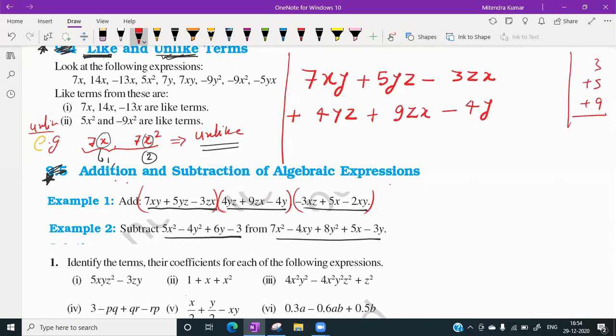Okay, so here minus sign ये minus रहेगा, 3xz plus 5. So you have to add all of this. Okay, these many terms are there. Then what is your answer?